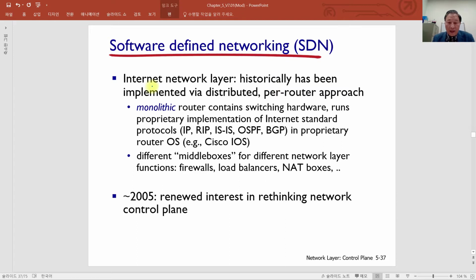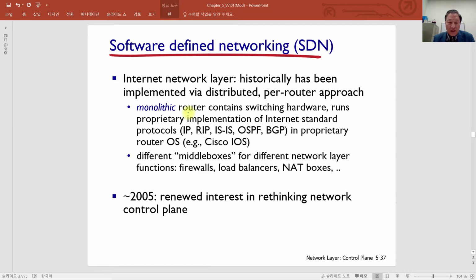The Internet network layer has historically been implemented by a distributed per-router approach. That is the so-called traditional approach, and traditional routers, as we learned briefly, were monolithic. That means a single entity, single device, single piece of equipment.